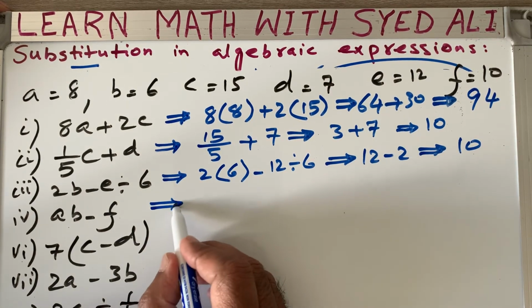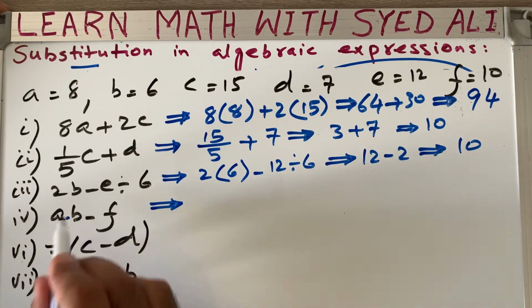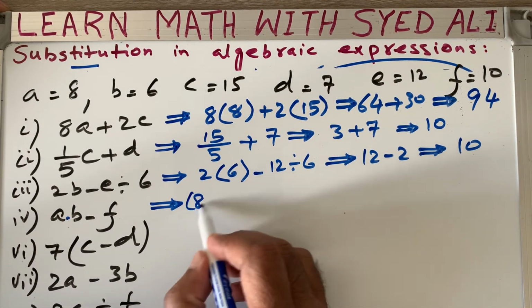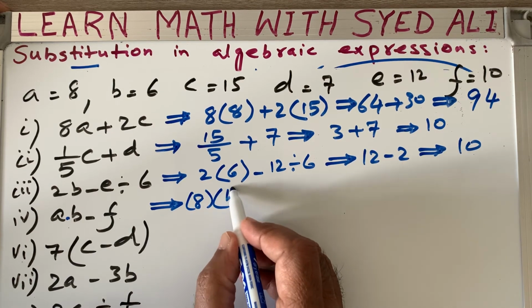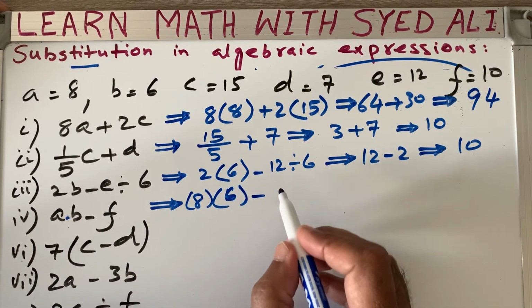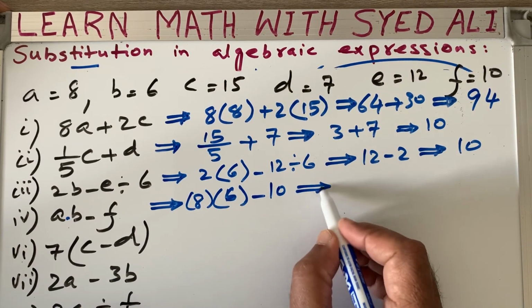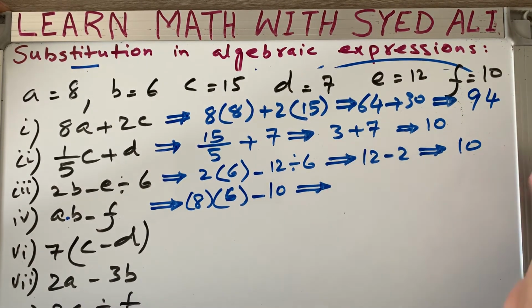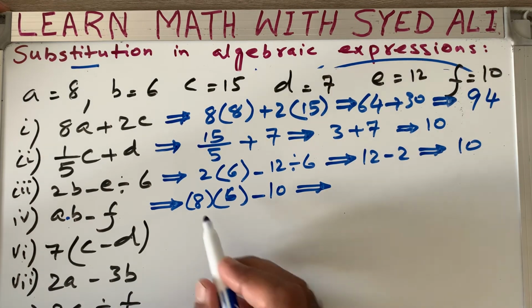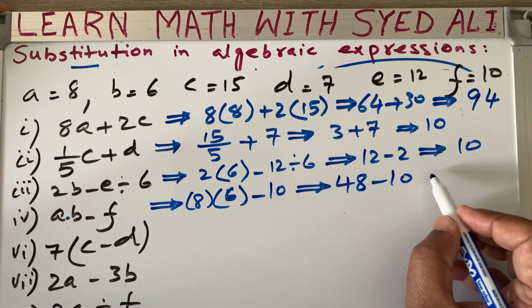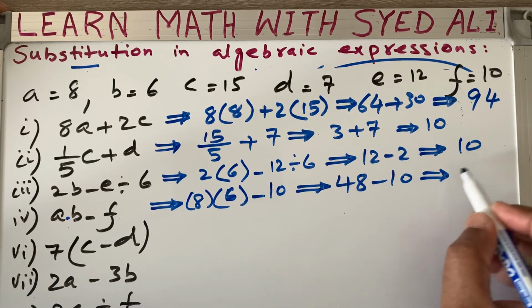Now this one, a times b, this is times, right? A times b, 8 times 6 minus f, what is f? 10. So you have to choose the correct value for the variables which are given. So 8 times 6 is 48 minus 10, which gives you how much?